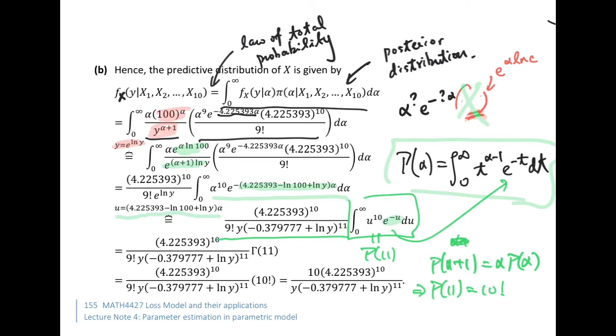Given this, you just put that in, and I guess there's no way to do any further simplification, so I will just leave the answer like this. That will be the predictive distribution of S, which is calculated based on the updated guess on the values of alpha.